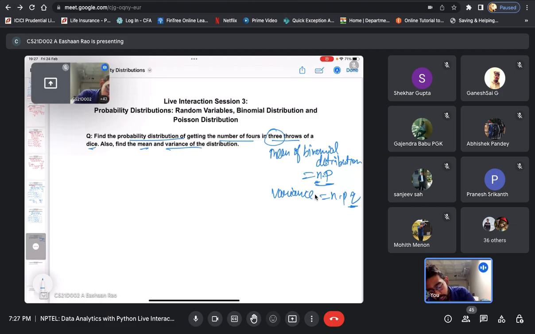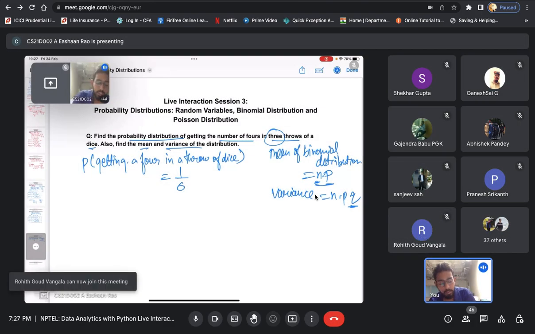For this I need to find the probability of getting a 4 in a throw of a dice, which is 1 by 6. I have 6 numbers in the dice, out of which I get 4 only one time, so that's why it's 1 by 6.